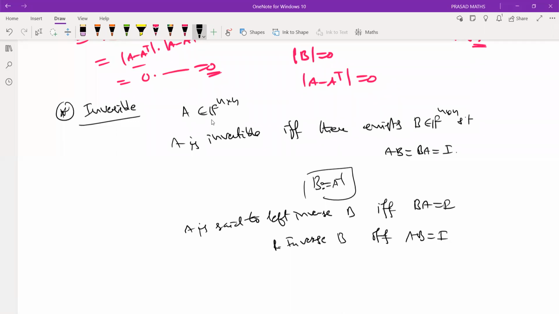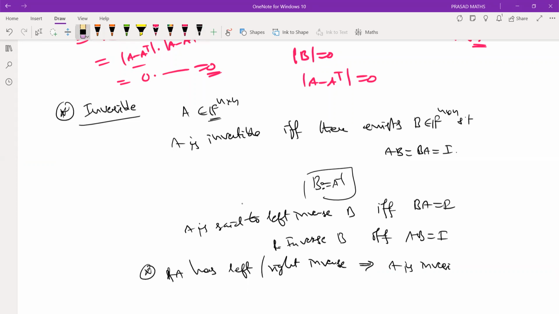There is actually a strong theorem in Hoffman-Kunze. Go back to Hoffman-Kunze. If a general matrix, any matrix, has a left inverse or right inverse, automatically it is invertible, using elementary row operations and systems of linear equations in Hoffman-Kunze.